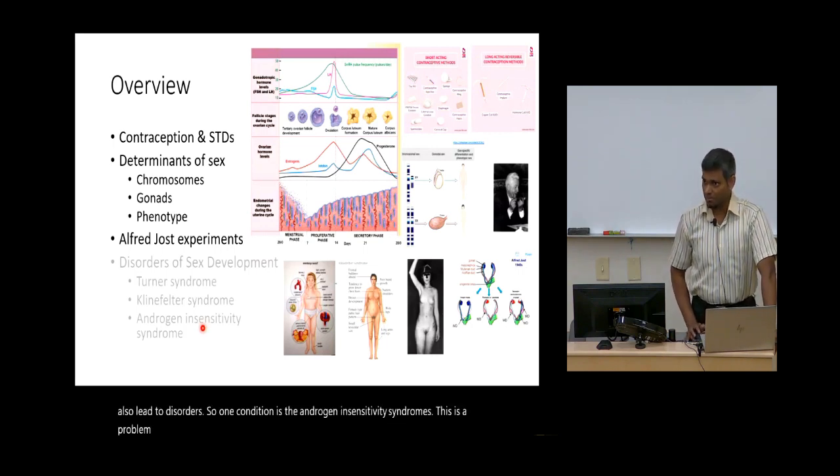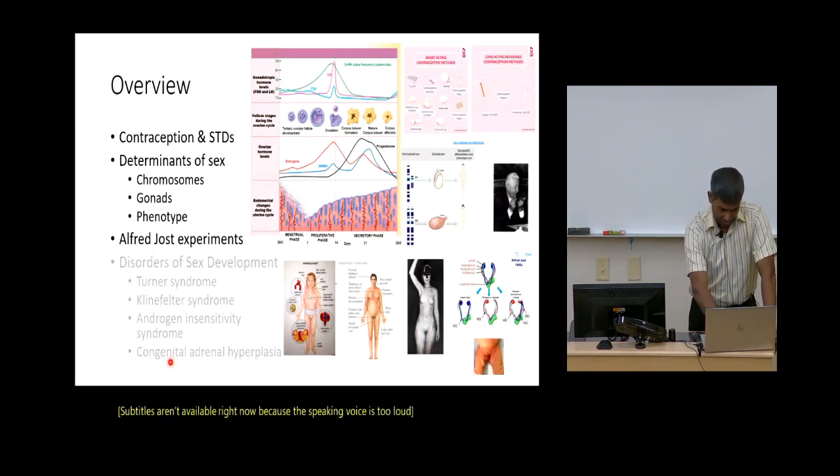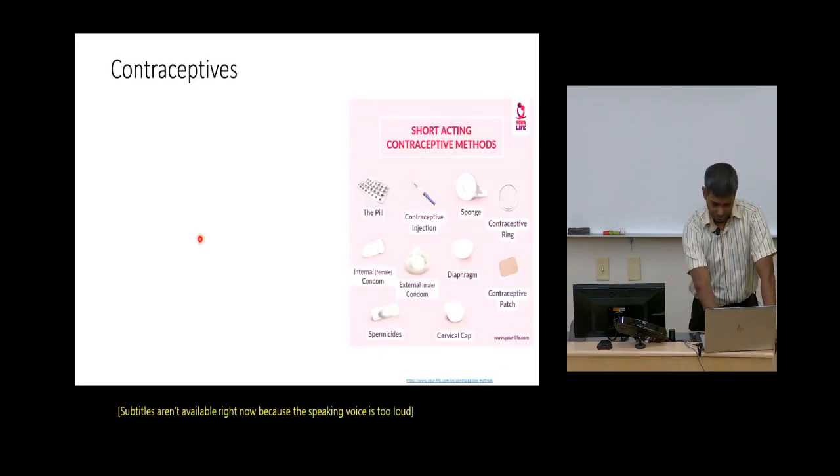So this is a problem with the receptors for androgens, and that can lead to this condition here. And finally, congenital adrenal hyperplasia is when you have an excessive amount of the adrenal glands producing androgens, right? So these are conditions we'll talk about when we come back on Wednesday, and it'll really make sense when you understand what are the 3 determinants of sex.